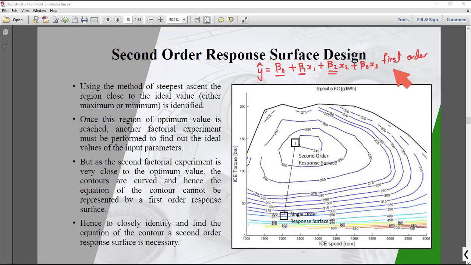Now, similar to a first order response surface design, as we get closer to the optimum value. See over here, this was the first experiment that we performed. Then we found out the contours. Then we drew a line perpendicular to the contour. Now we are going to perform experiments on this line at specific steps, right?